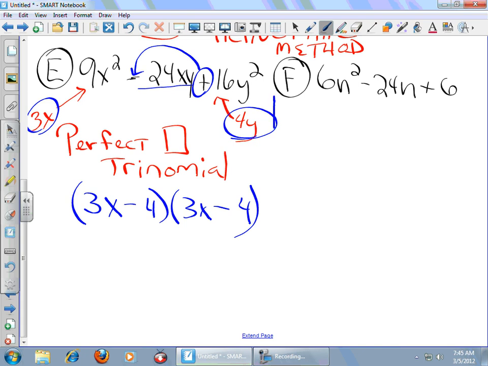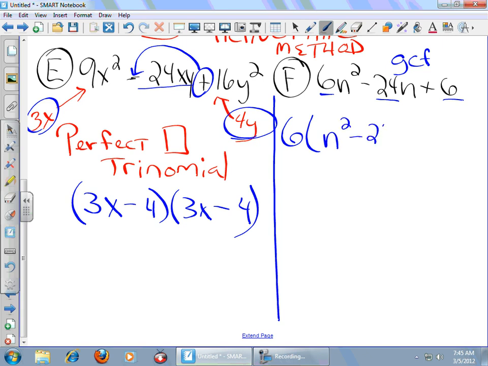Okay, so let's jump on over here to problem F. And you know what? Some of you are going, I'm just going to use the trinomial method. But I notice a 6, a 24, and a 6. I'm going to pull out a GCF first of all. GCF is my first type of factoring to use. I'll get n squared minus 4n plus 1.